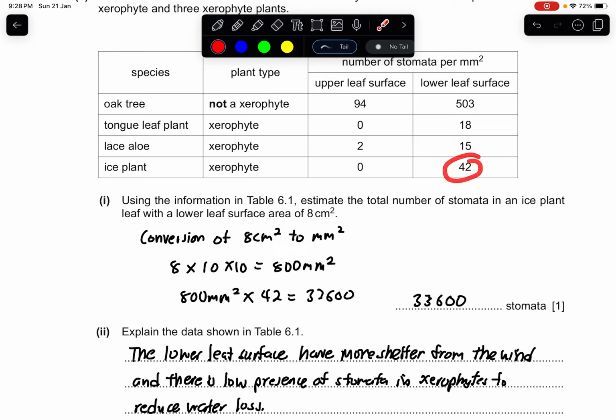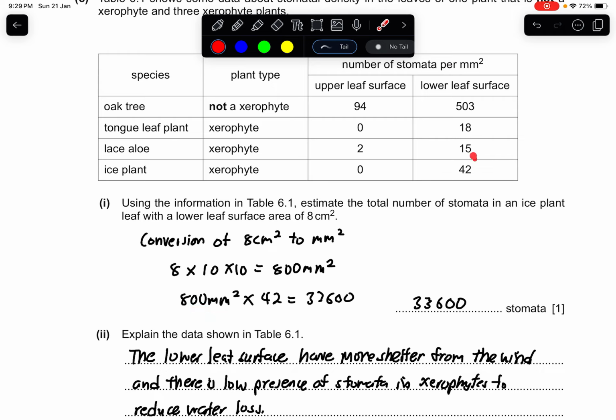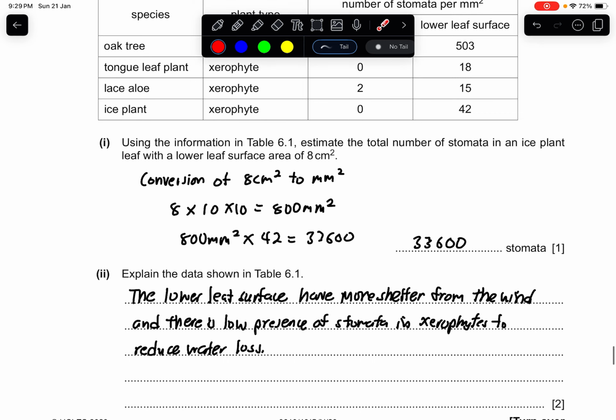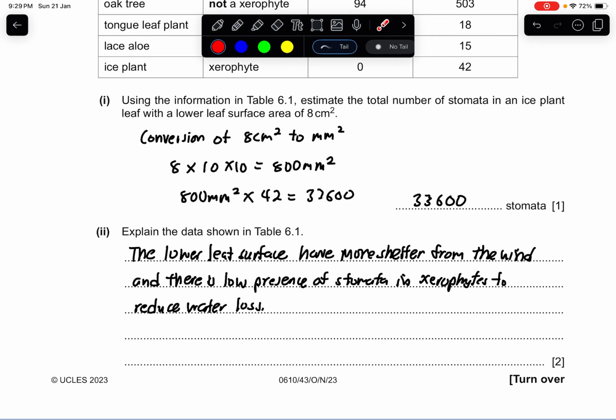We know that it's 42 on the lower leaf surface. However, the surface area given is in centimeters squared, so I have to convert this into millimeters squared, by times 10 and times 10 again, which is 800 millimeters squared. Then I multiply 800 by 42, and I get 33,600 stomata.